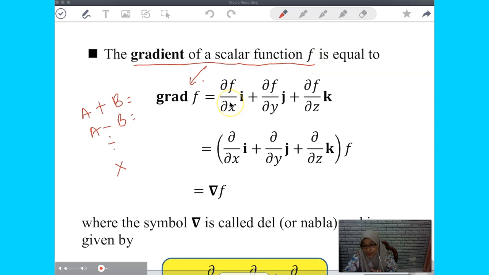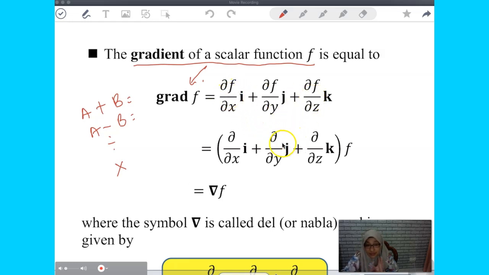For the y component, you differentiate partially f with respect to y. And for the z component, you differentiate partially the scalar field f with respect to z. From there you get a vector field after you differentiate partially f with respect to each component. So that is grad f.